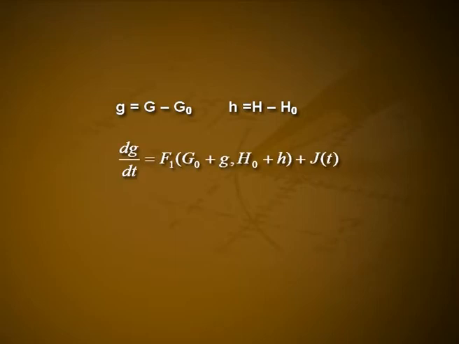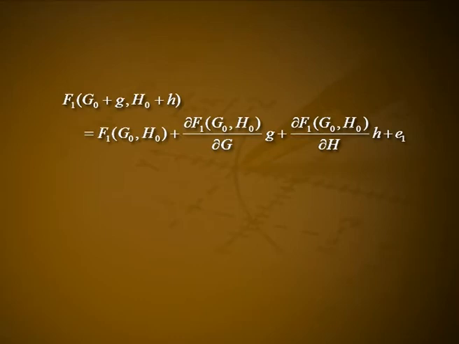Then dg/dt = f1(G0+g, H0+h) + J(t), and dh/dt = f2(G0+g, H0+h).